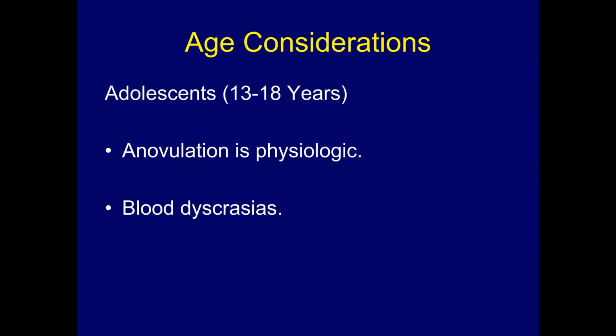We have to consider age groups. So when you get a young lady, a young girl, 13 to 18 years old, it is not uncommon that you will see anovulation. And that's physiological. So you see the girl has a period every 2 to 3 months, and that's maturation of the system. That's part of the physiological.